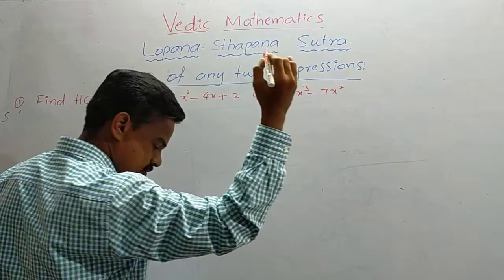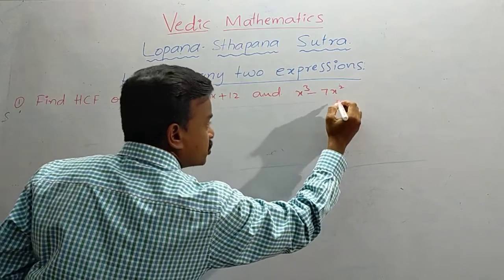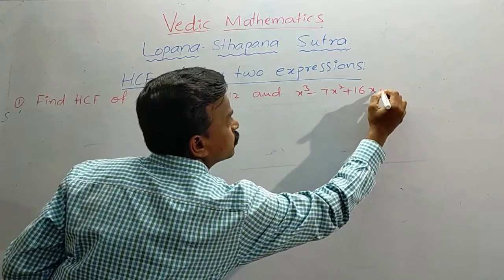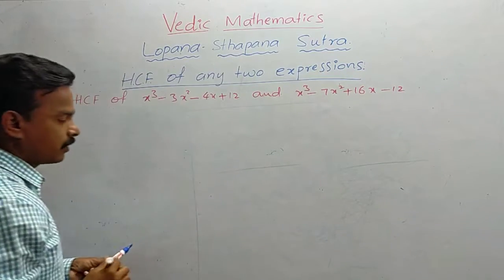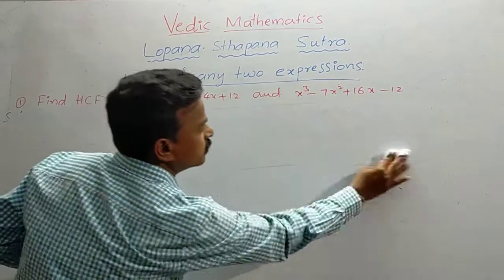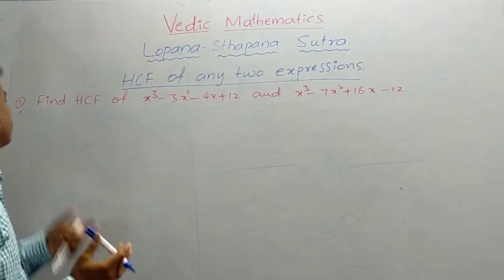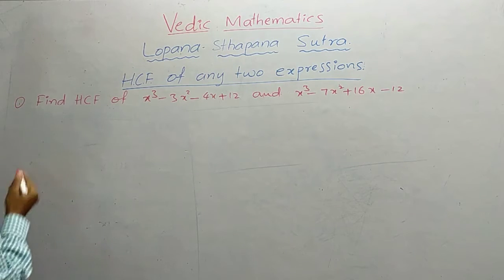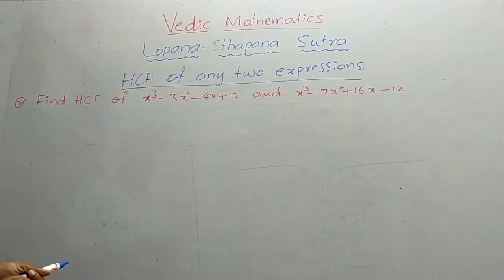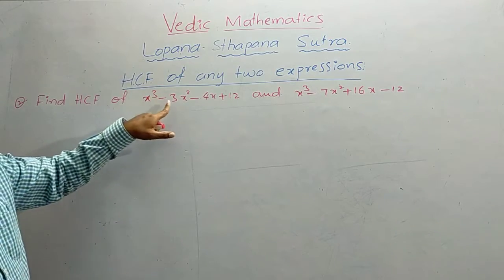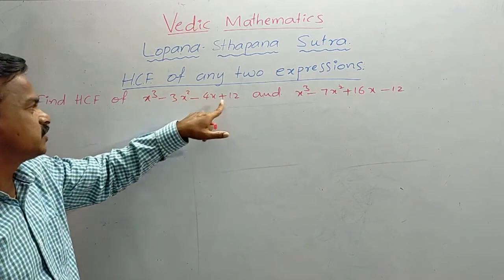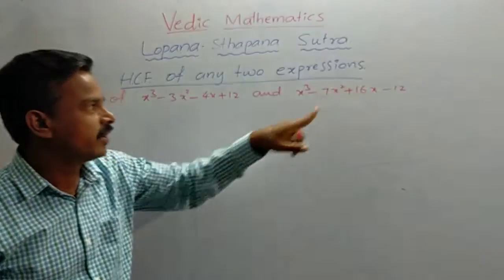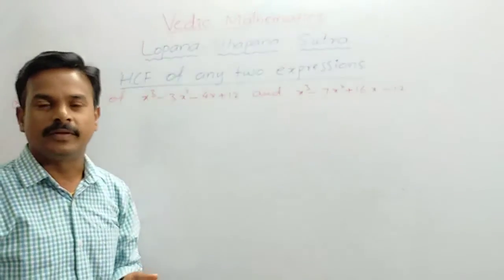This is the second example. Find the HCF of x cube minus 3x square minus 4x plus 12 and x cube minus 7x square plus 16x minus 12.